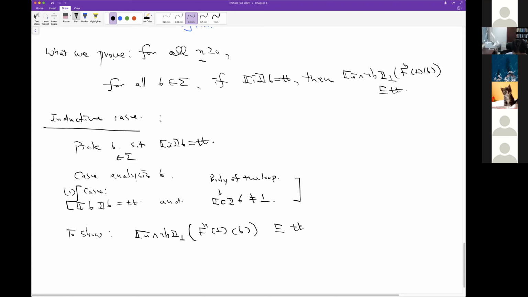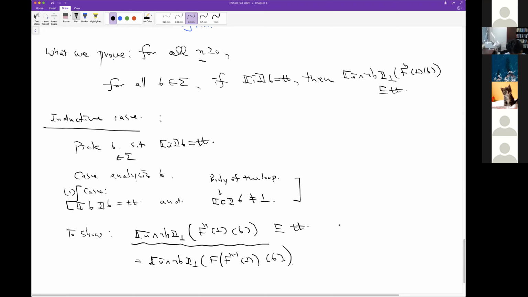We have to show this is the case. Now we do some calculation on the left-hand side of this inequality. The way we do it is we use the definition of this F^n. So this means F applied to sigma. Yeah, so F^n bottom means apply F n times, so we just apply F n minus 1 times and then apply to sigma.